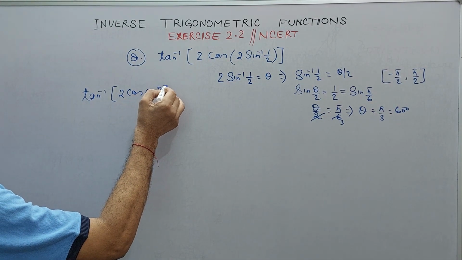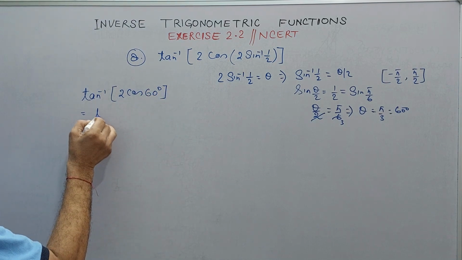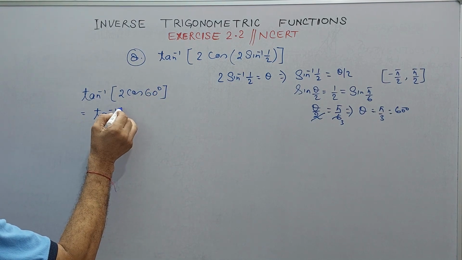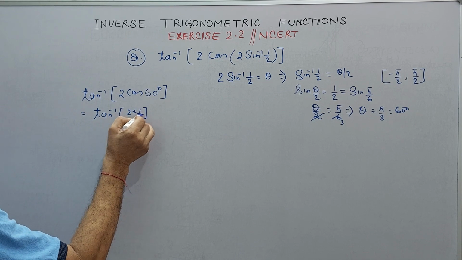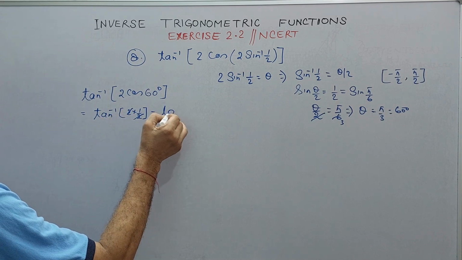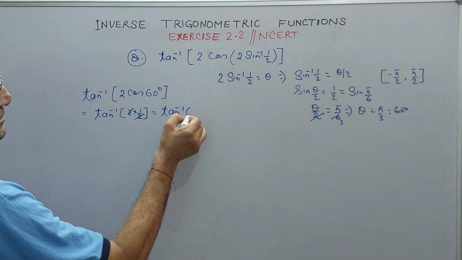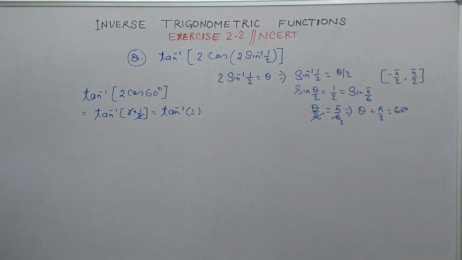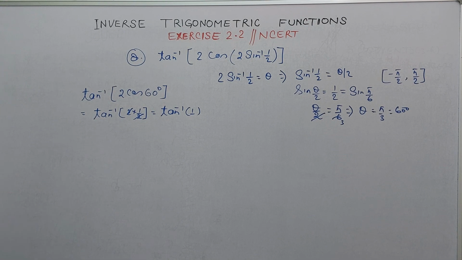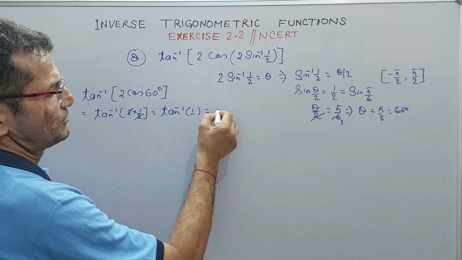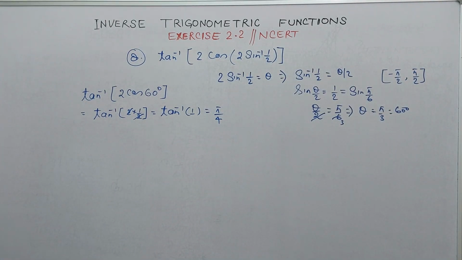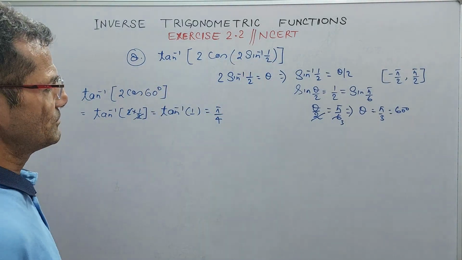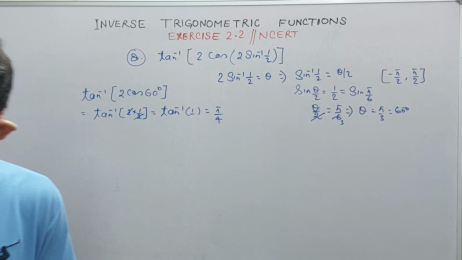Cos 60 is 1 by 2, so the value becomes tan inverse of 2 times 1 by 2, which is tan inverse 1. We know tan inverse 1 is 45 degree, which in radian is pi by 4. So our answer of this expression will be pi by 4.